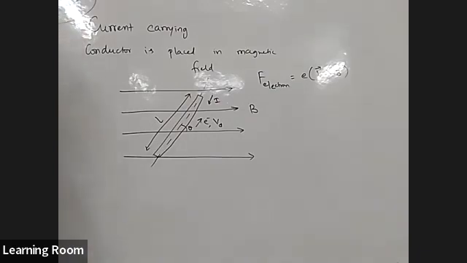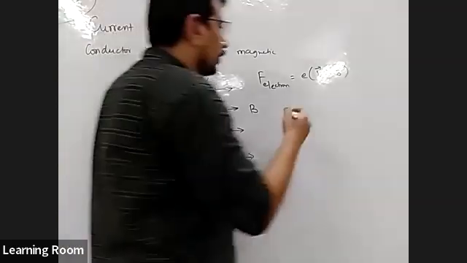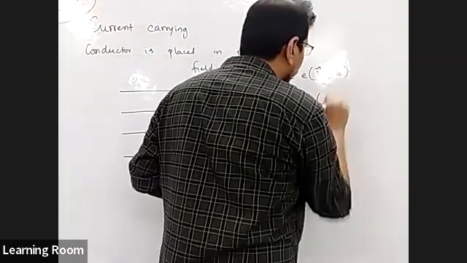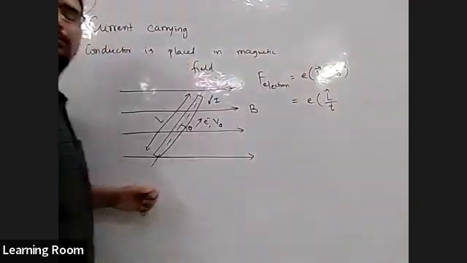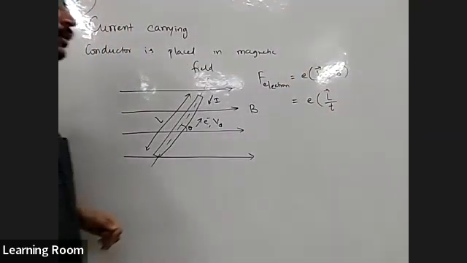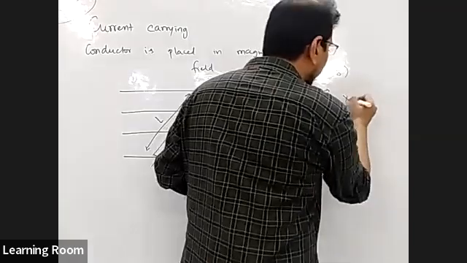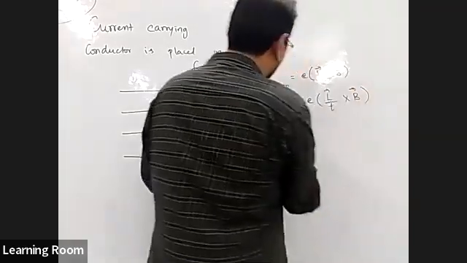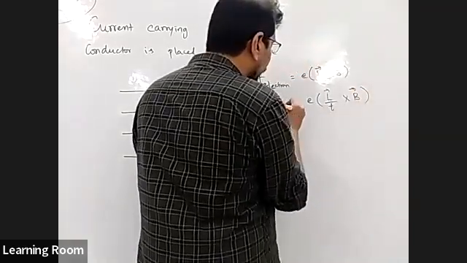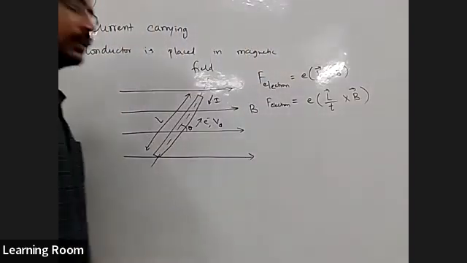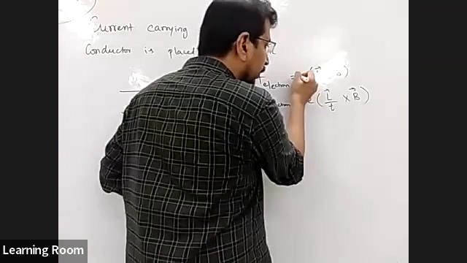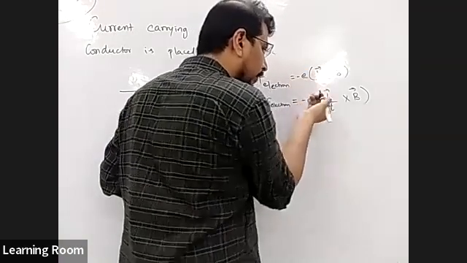Now having this in mind, I will write V as L vector divided by T, cross B vector. So this is also the force experienced by an electron. Correct? Or you can ask me, sir, why not minus sign? You will put it.